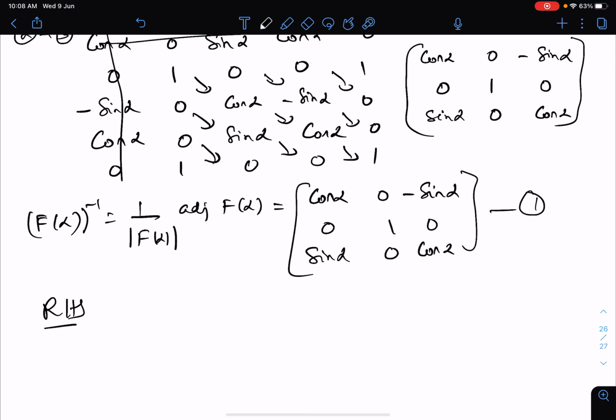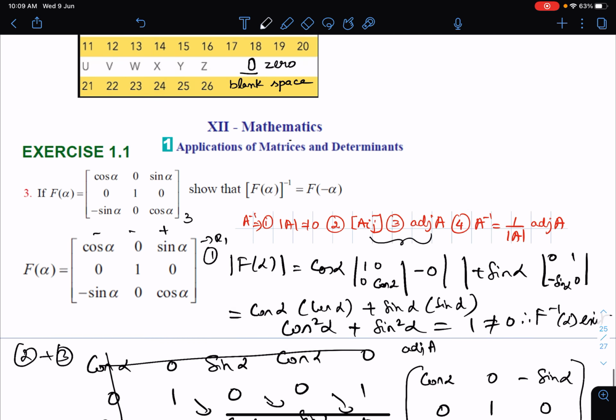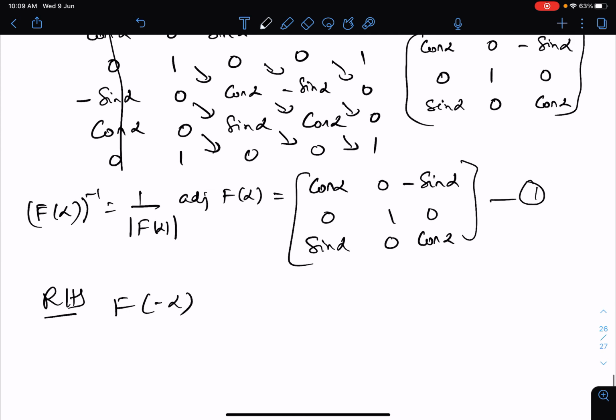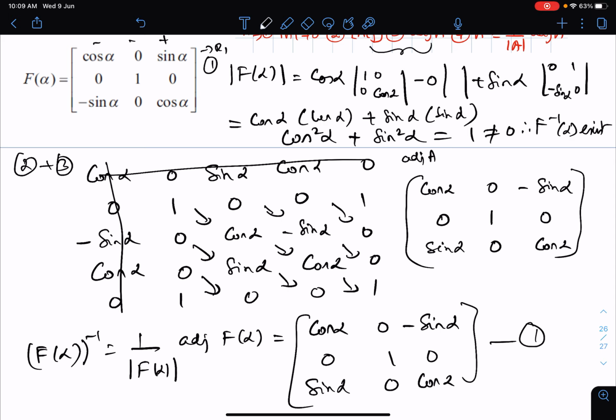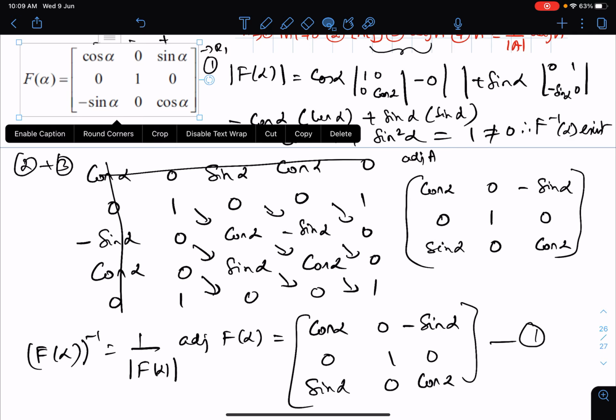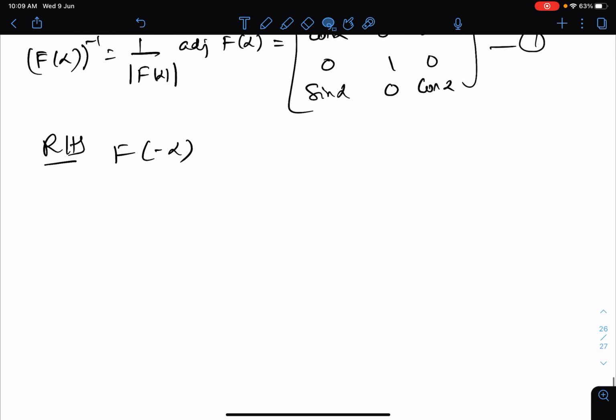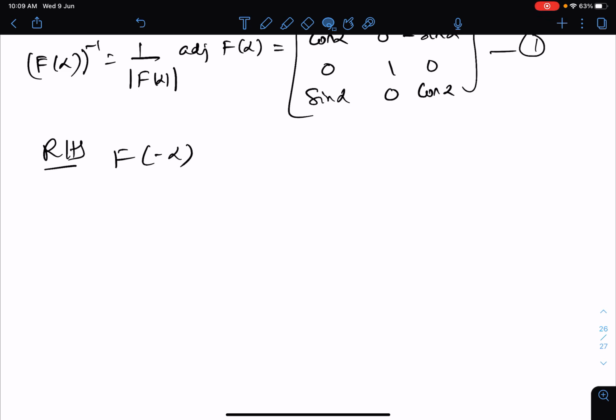Next our RHS, f of minus alpha. That is what is given. Now what is f of alpha here? I'll copy this. So this is our f of alpha, isn't it?